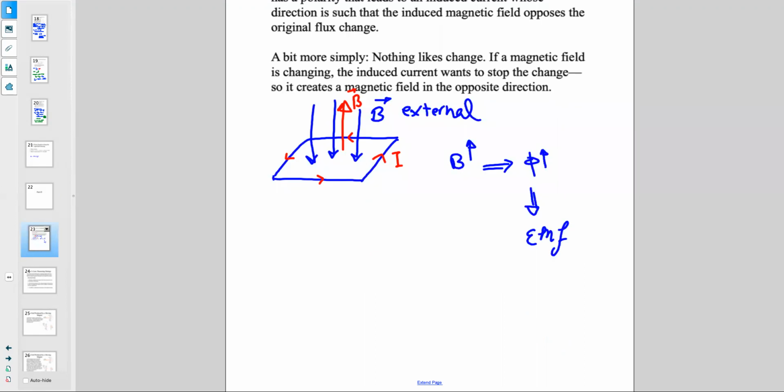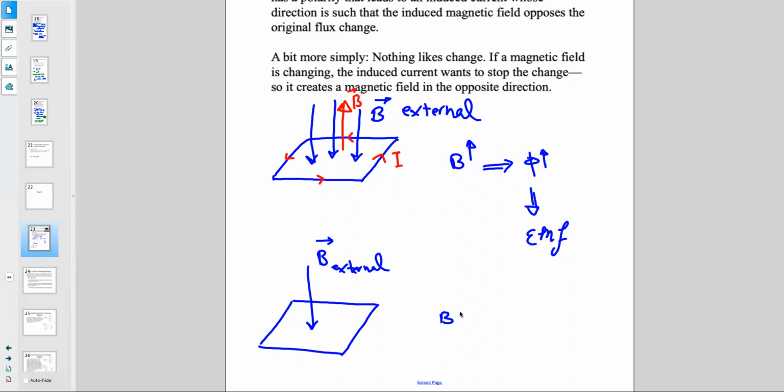Alternatively, imagine the same loop in an external magnetic field, B external, but this B is getting weaker and weaker.